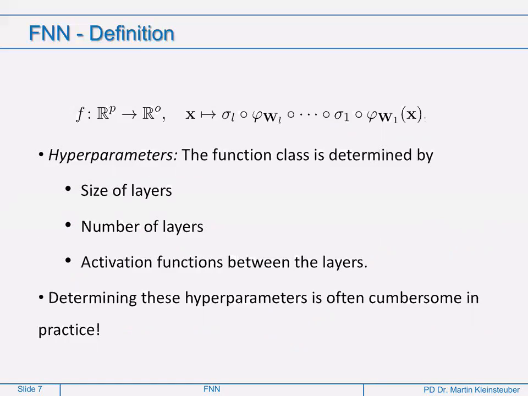In practice, it's often very cumbersome and tiring to find out what is the right dimension of your neural net that you want to find. You have to tune a lot. You have to do lots of experiments, and it's cumbersome.